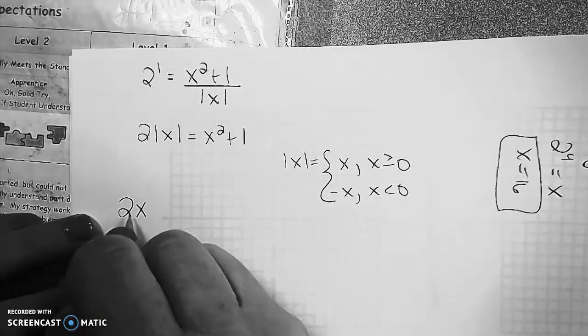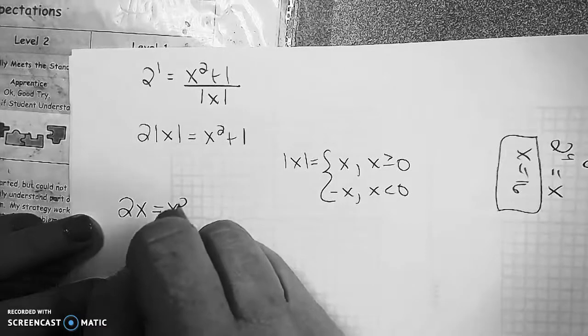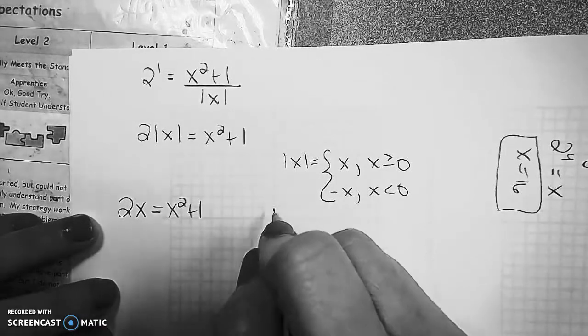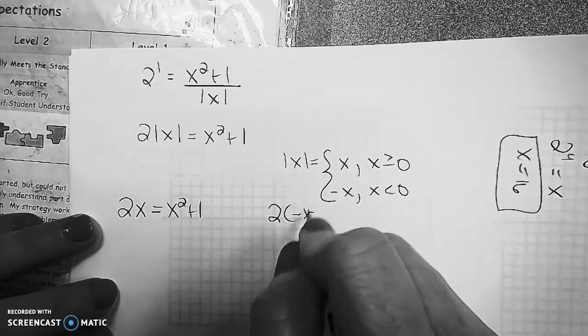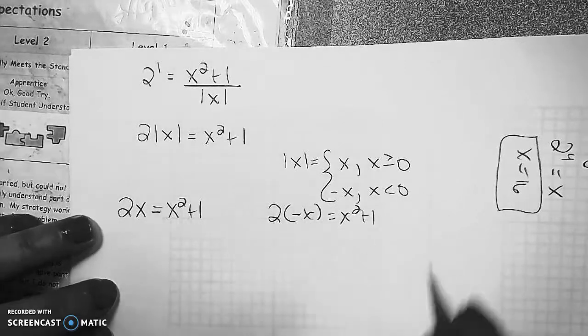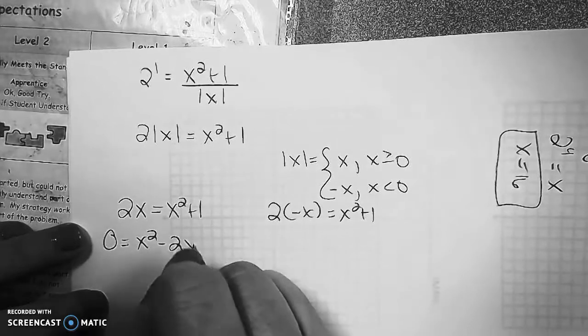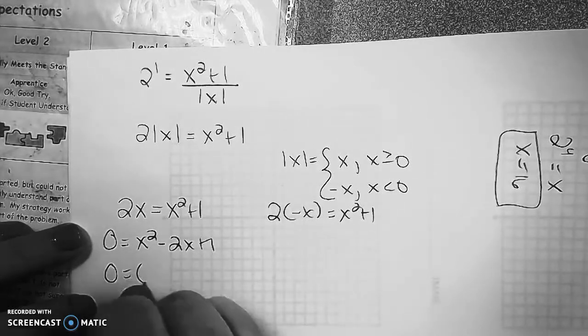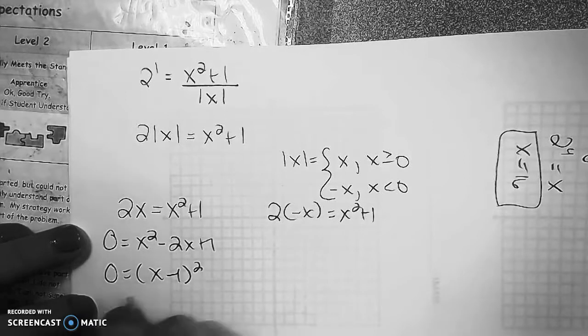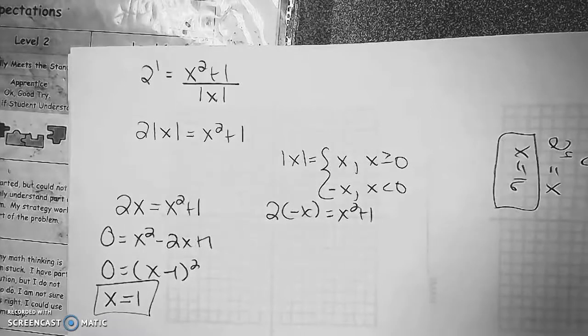So my first piece will just be 2x equals x squared plus 1. And my other equation will be 2 times negative x equals x squared plus 1. So I do have a quadratic. So for the first, I get x equals 1.